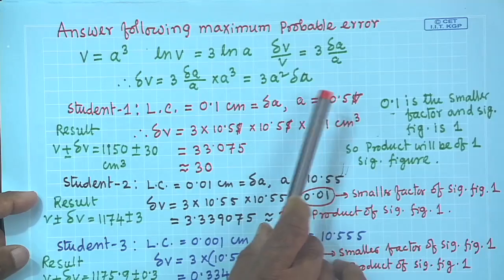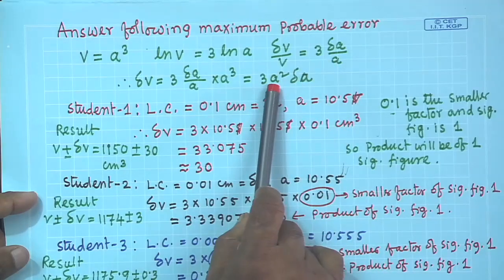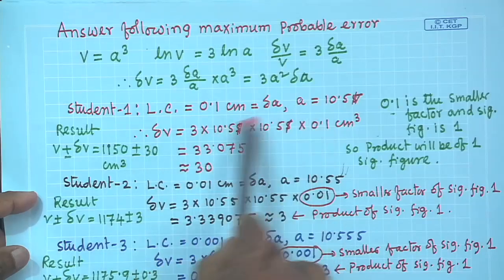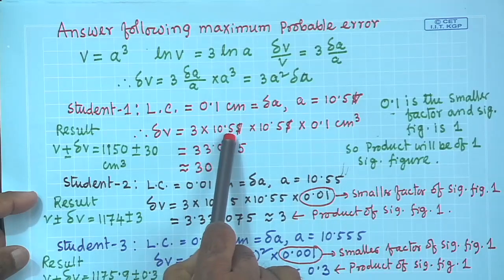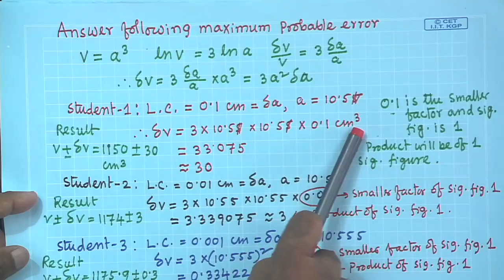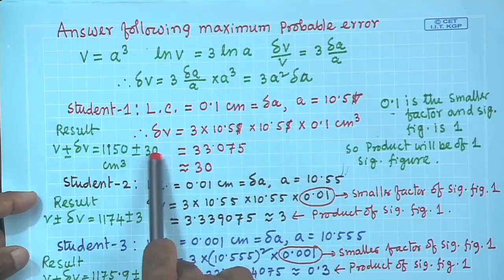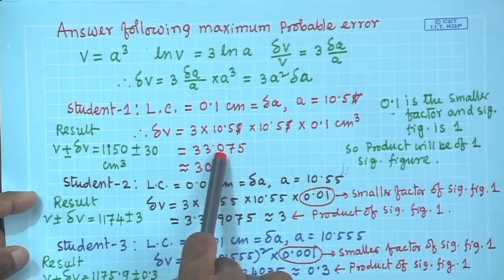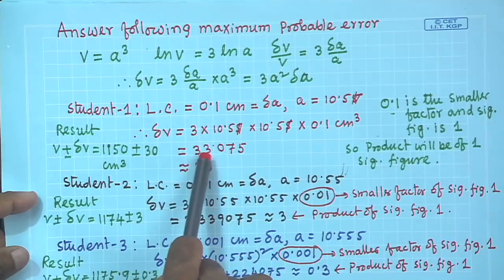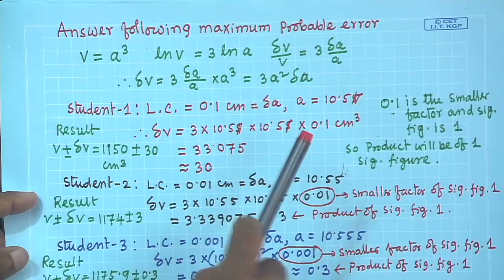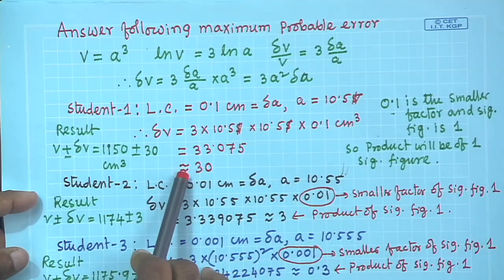So, A we know and del A also we know. So, if you put 3 into 10.5 into 10.5 into 0.1 cm cube. Okay. So, this is coming 33.075. So, del V is coming 33.075, right.